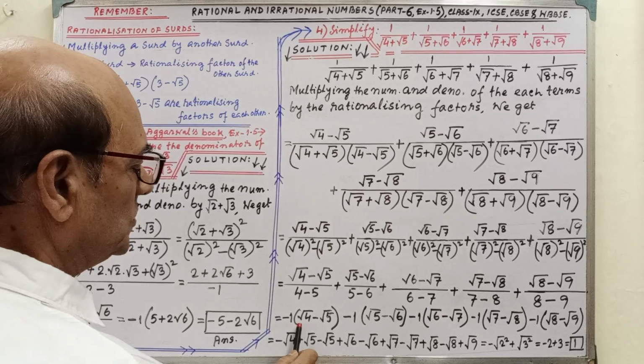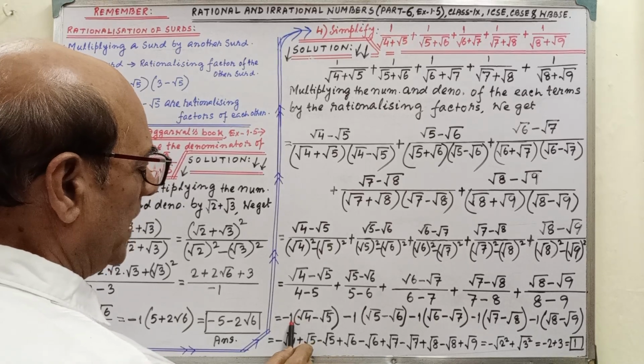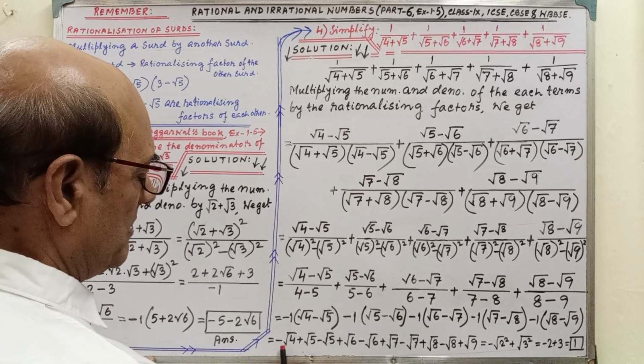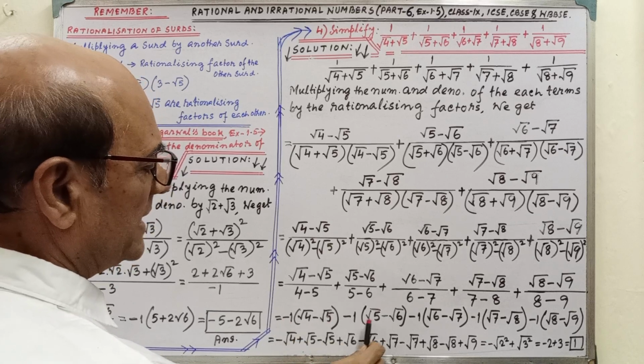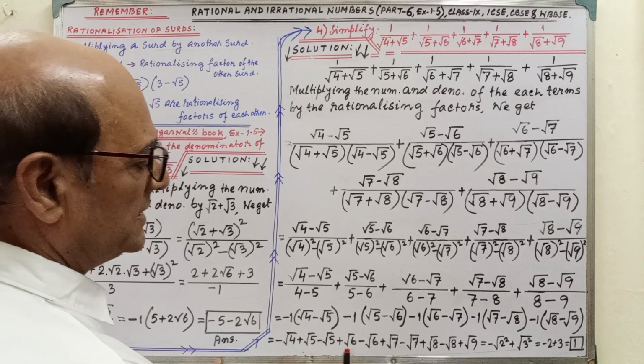Then we have to simplify. Minus 1 into minus 1 into root 4 is minus root 4. Minus minus will be plus. Here minus root 5, plus root 6.